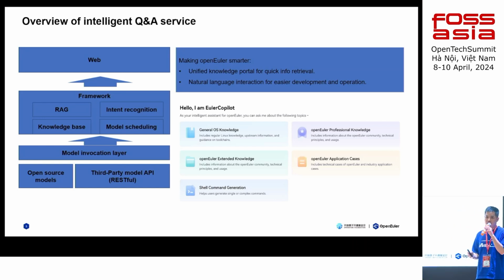And our Q&A service is not just like ChatGPT providing a general question and answering service. We mainly target 5 aspects listed on the right of the screen: general OS knowledge, openEuler professional knowledge, openEuler extended knowledge, application cases, and shell command generation.